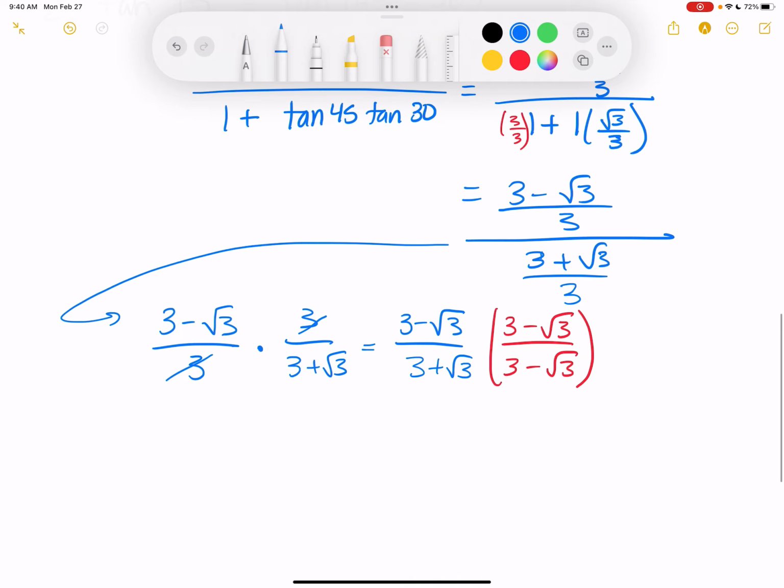So on top, what does that give me? That's going to give you 9 minus... I think it's that.